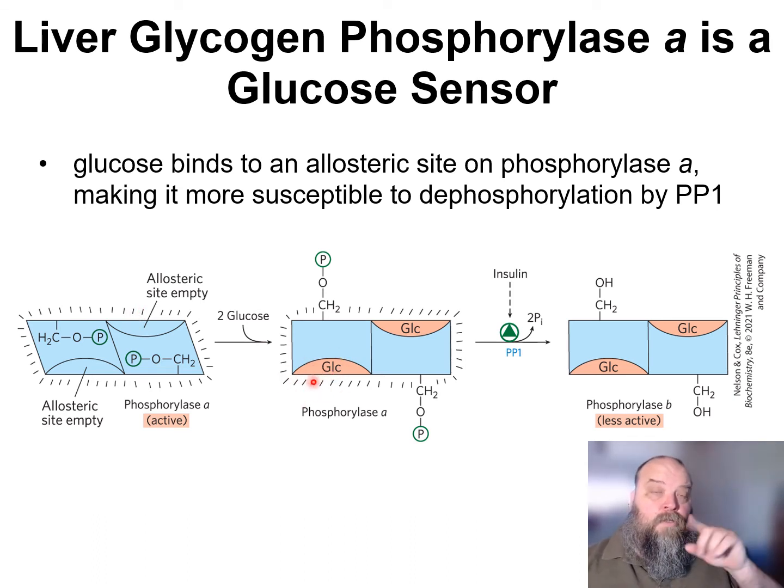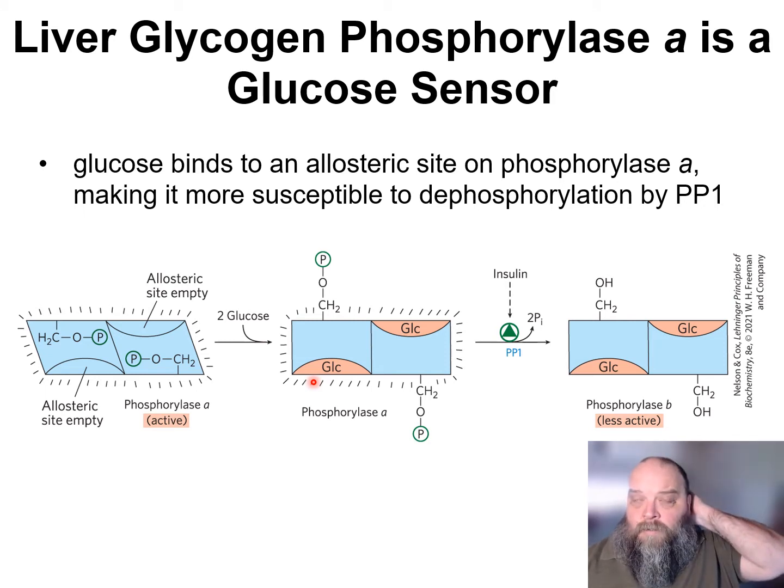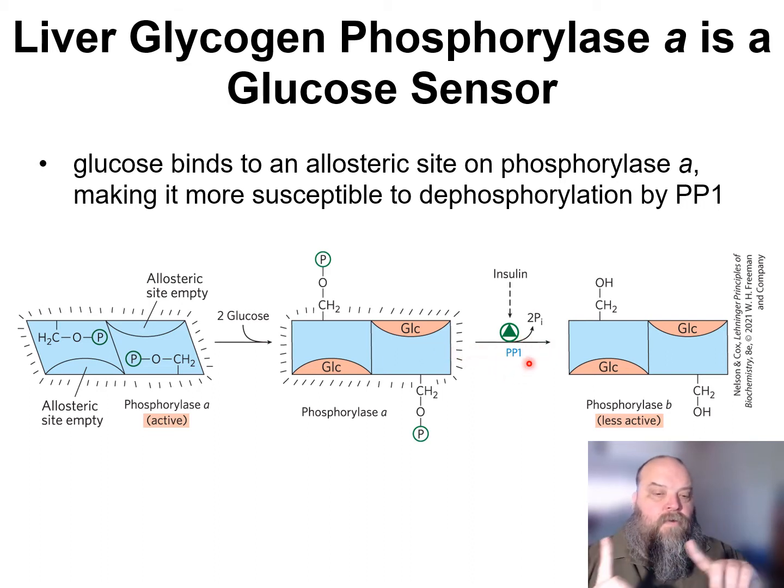Remember all those glucoses, those G1Ps that are being released from glycogen. If that level hits above a certain threshold, well, you get these interacting, which is going to cause this phosphorylase A to have a greater affinity for PP1, greater chance of that reversion from A back to B to occur.